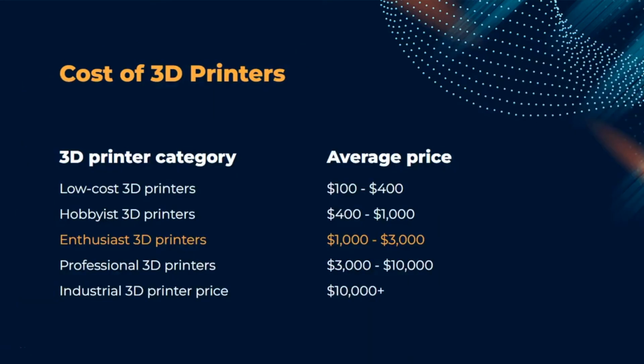The third tier is the enthusiast or prosumer 3D printer, which ranges from $1,000 to $3,000. The printers in this tier are known to be safer, more reliable, and low maintenance, making them a great long-term option for places like schools or for consumers who use 3D printing frequently for a production tool at home.